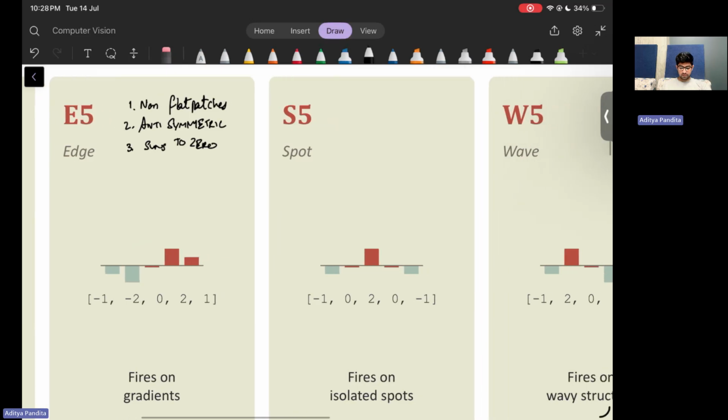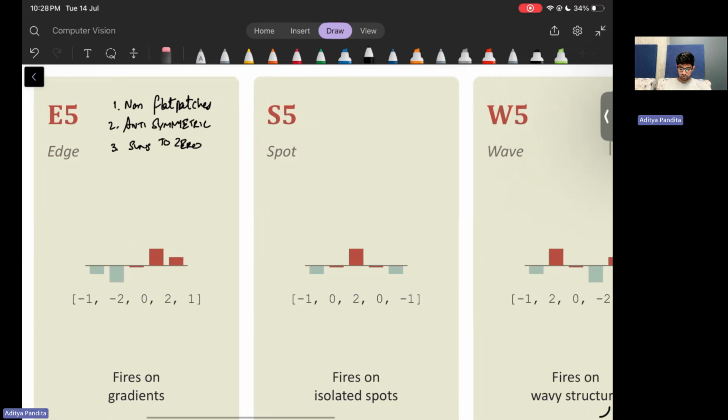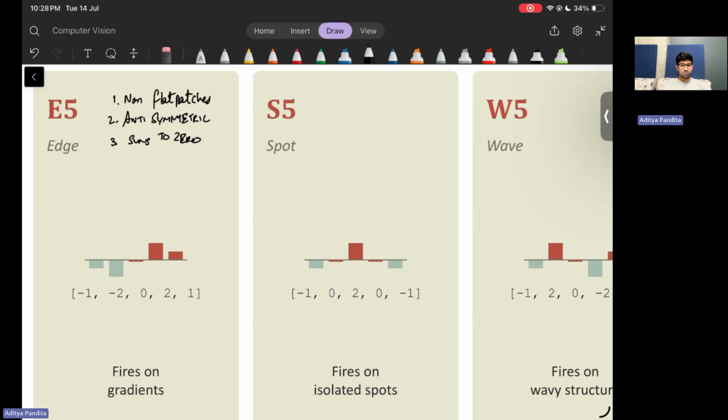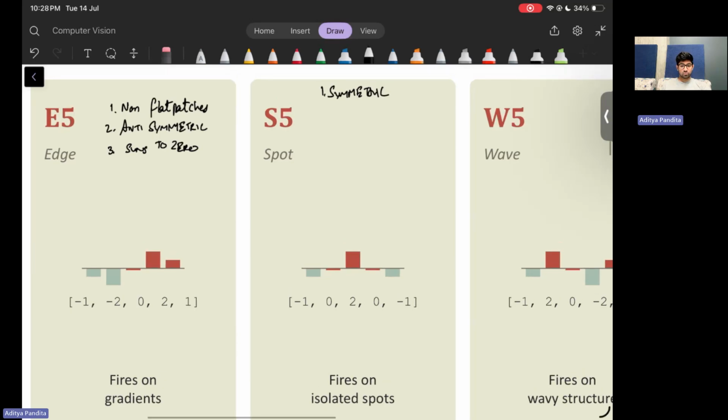Next one we have is S5, also known as spot. Its values are -1, 0, 2, 0, and -1. Again, this is a symmetric kernel, symmetric around the center, something like a Laplacian operator. It sums to zero. It is zero on flat regions and fires strongly on isolated bright or dark spots, so we use it for spot detection.